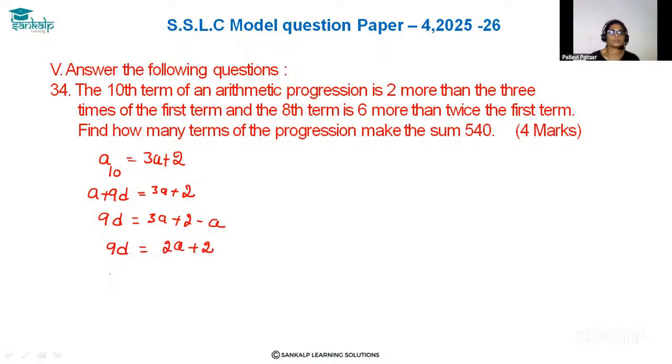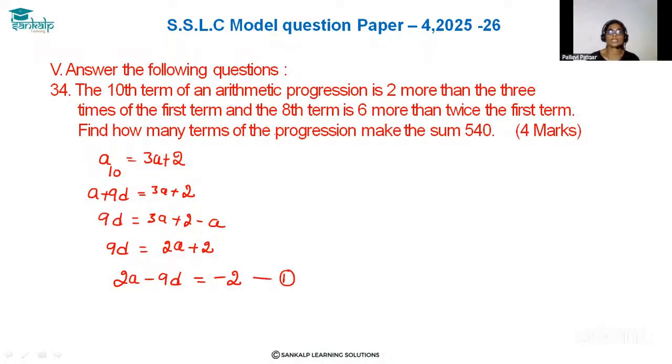So 2A minus 9D is equal to minus 2. When 9D goes to the right side it becomes minus, and the plus 2 on the right goes to the left side as minus 2. Take this as equation number 1.